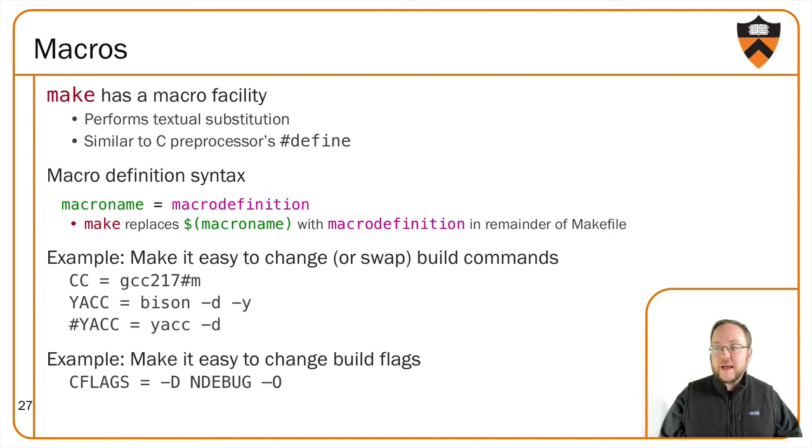So here we have CC is gcc217, then a # sign here that indicates a comment. So this is just saying, hey, this is our gcc217 command, but all we have to do is take off this comment, and suddenly now it's gcc217m, which is a version that we'll see later in the course where we're doing some memory tracking as we do dynamic memory.